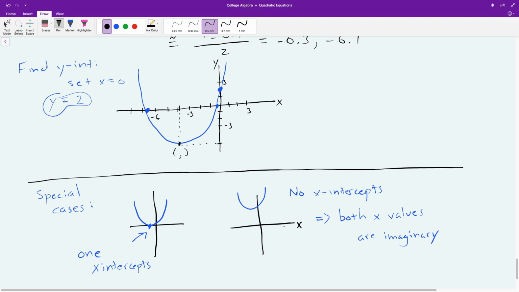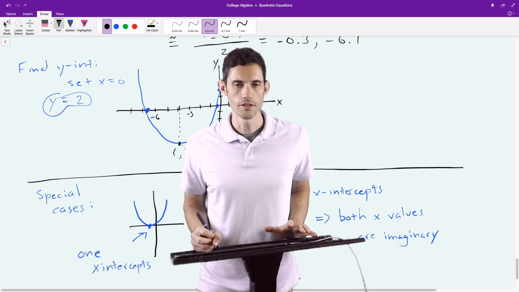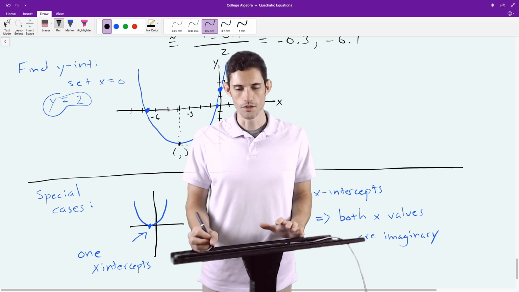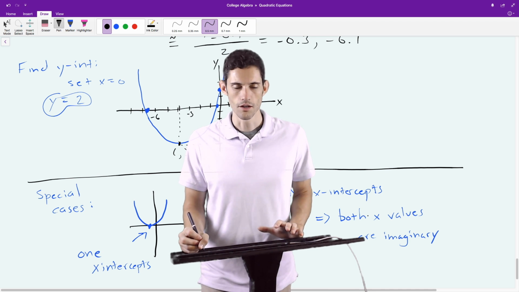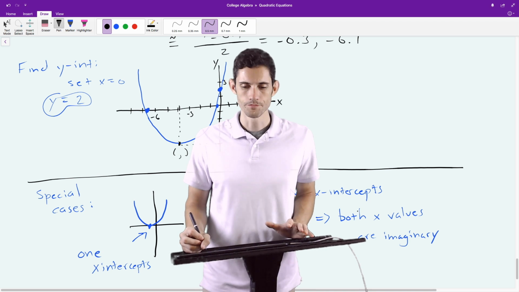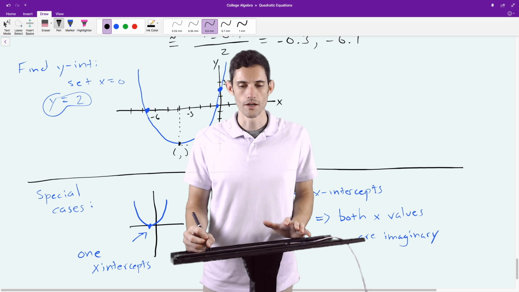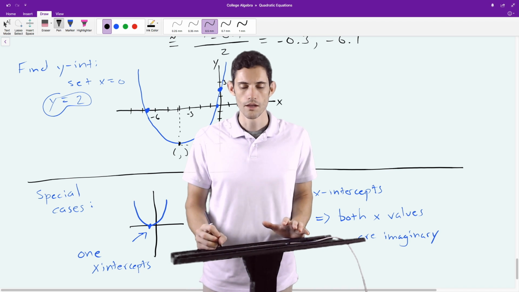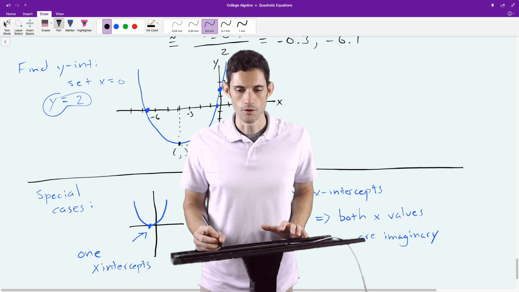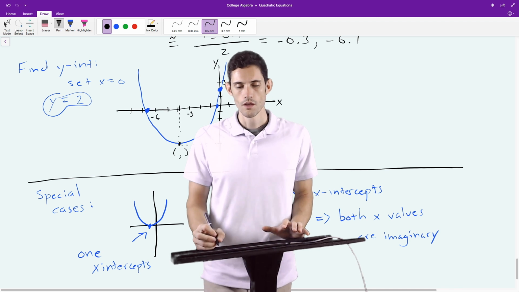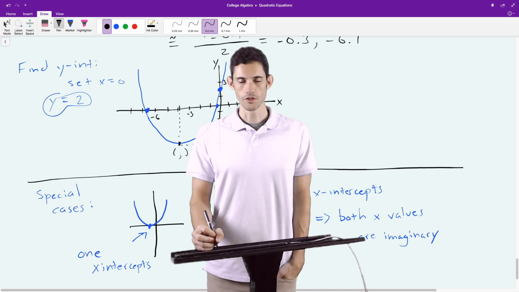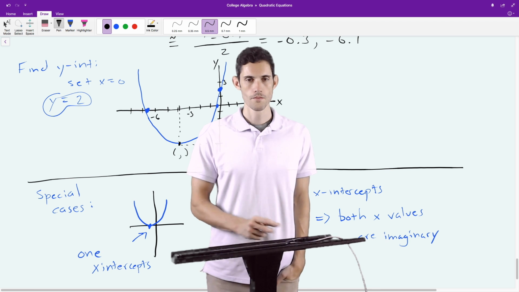All of the real numbers from 0 to infinity on the right and down to negative infinity on the left. All those real numbers are on this number line, but there are no imaginary numbers on this number line. So if you were to solve for x-intercepts and your x's are plus and minus i times whatever, those are imaginary numbers. They're not going to show up on this real number line, and that's why your blue curve won't touch them. So these are special cases that I'll talk about in another video.